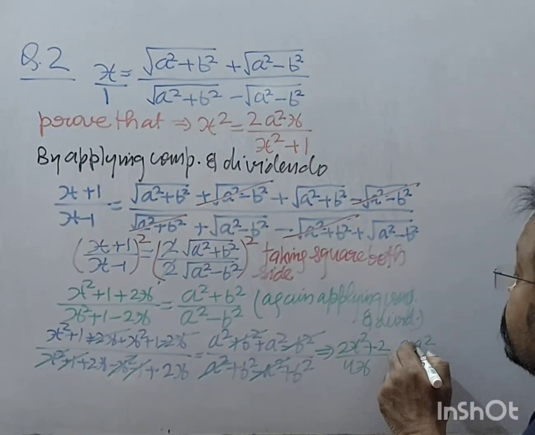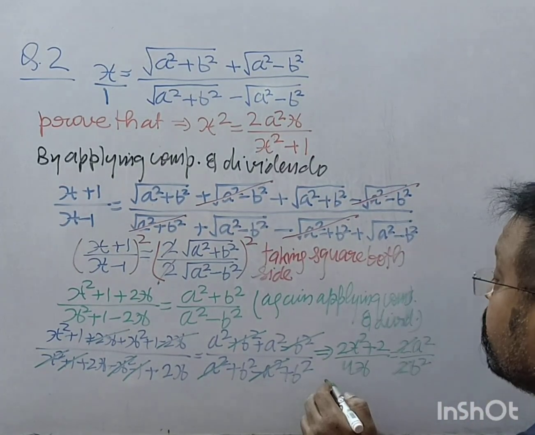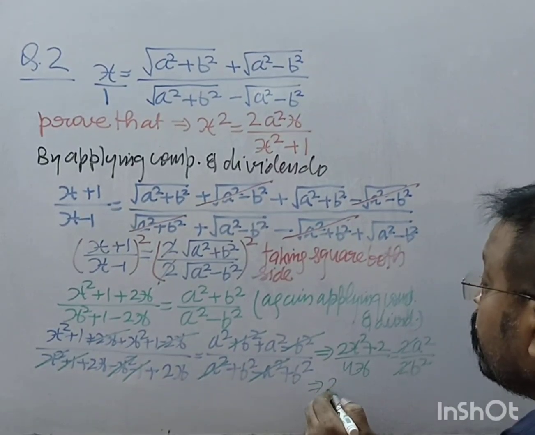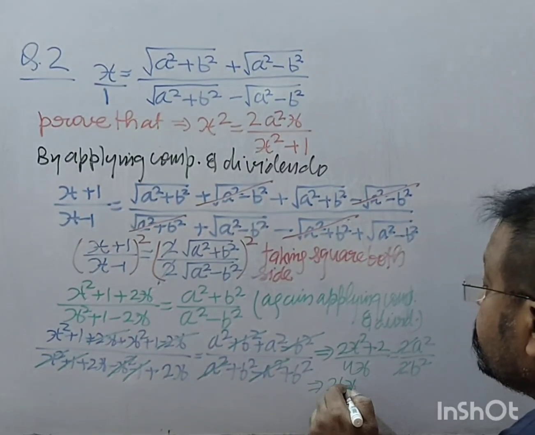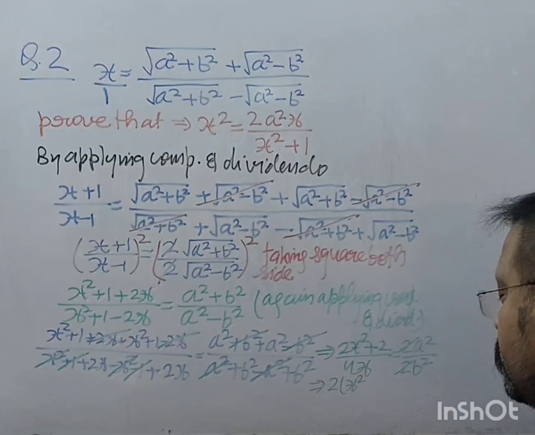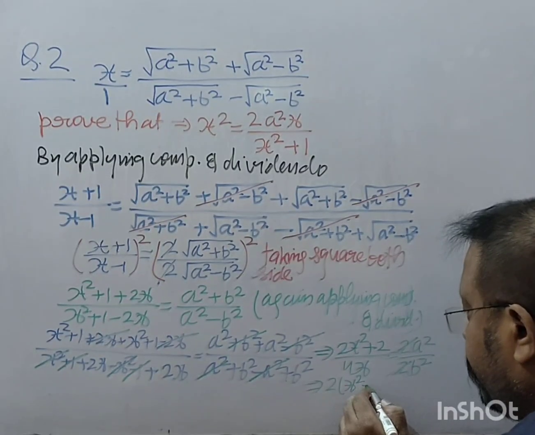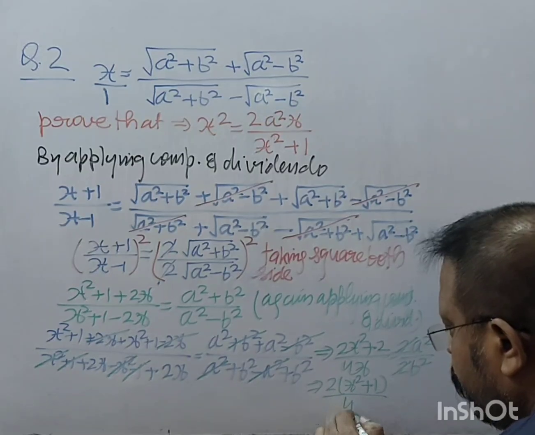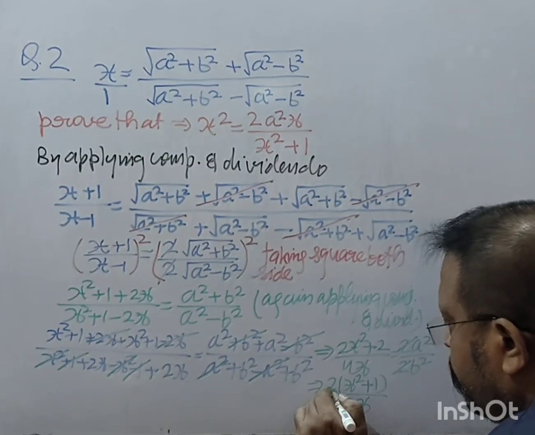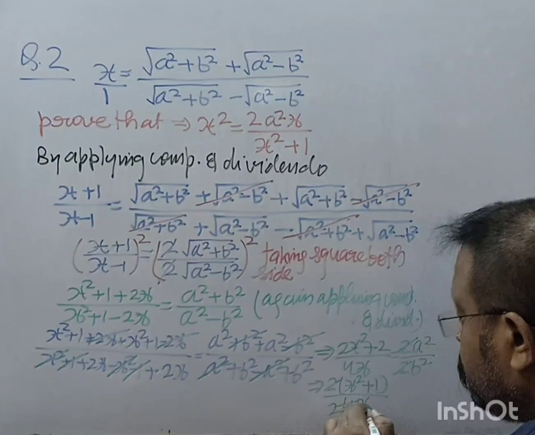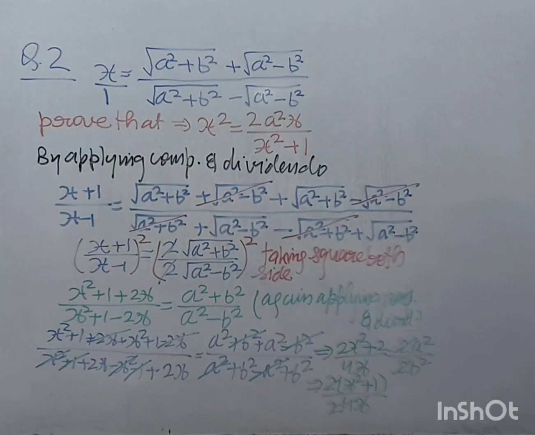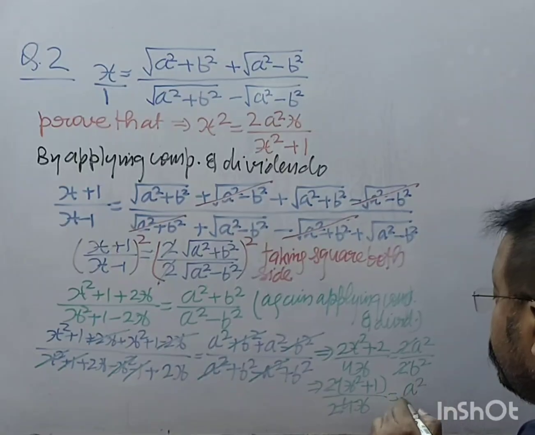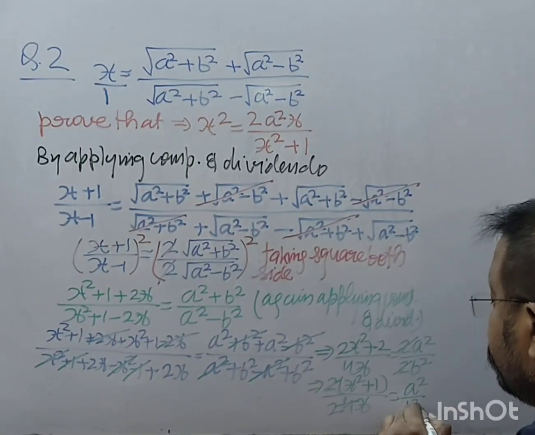This 2 and 2 is cancelled out, and if we have taken 2 common from here, it is x square plus 1 upon 4x. It becomes 2x, right, is equal to a square upon b square. You get this?